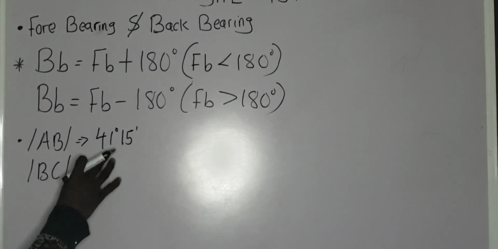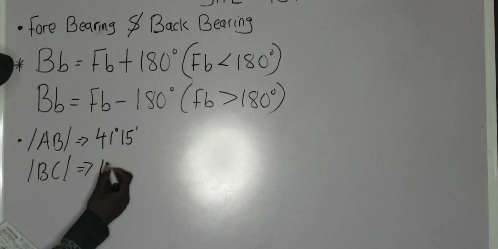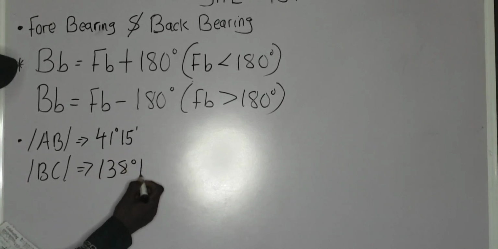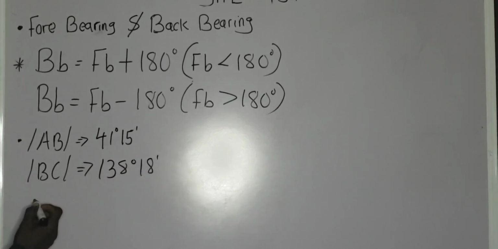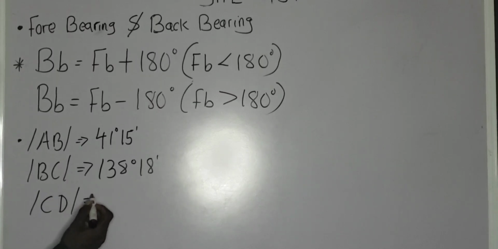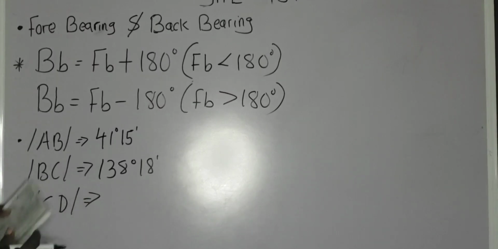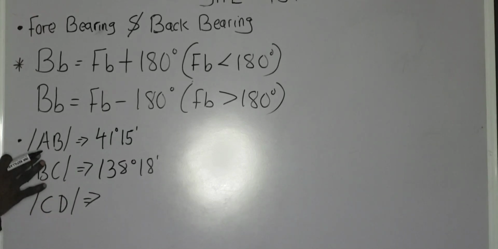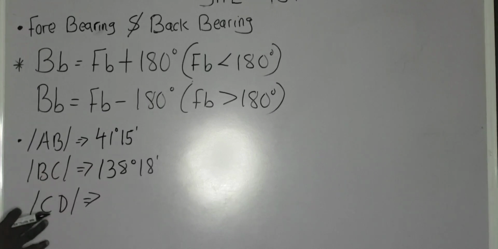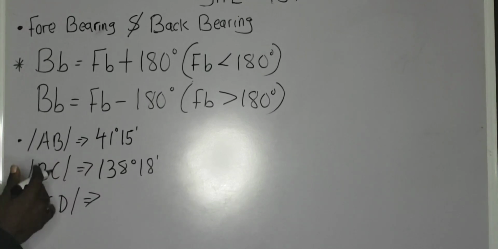So now let's start. For line BC, we have 138 degrees and 18 minutes. Line CD. All these lines are different, so they are not the same. We are only given the fore bearing. Now we have to calculate the back bearing separately. You understand? Don't say because this is AB, this is BC, they are the same. No, they are not the same. We are dealing with different questions entirely. Each of them is different.